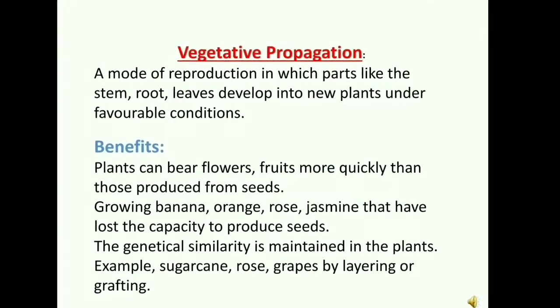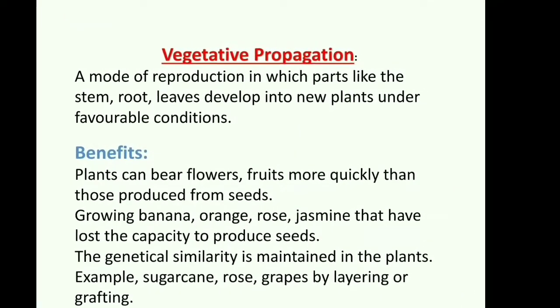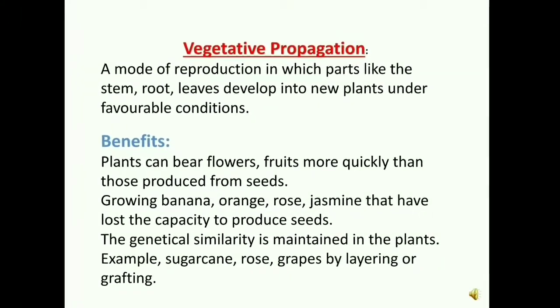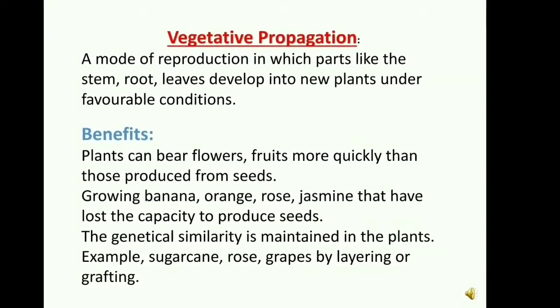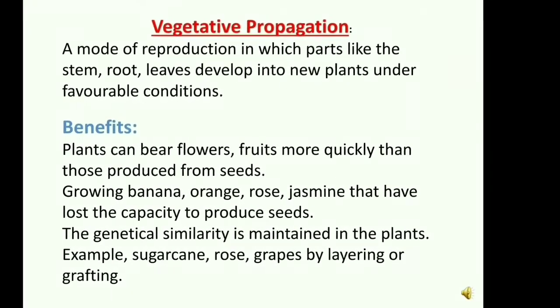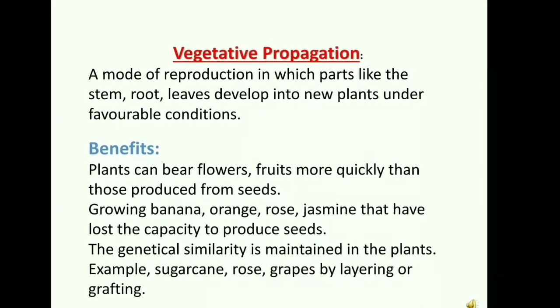Now let's move on to vegetative propagation. Vegetative propagation is a mode of reproduction in which parts like stem, root, leaves develop into a new plant under favorable conditions. Let's see the benefits of vegetative propagation.